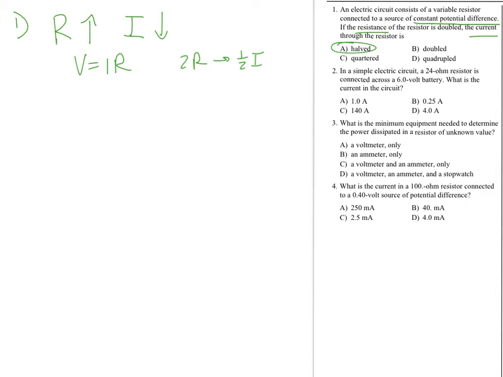Number 2, in a simple electric circuit, a 24 ohm resistor is connected across a 6-volt battery. What is the current in the circuit? 24 ohms is our R. We have a voltage of 6 volts. We're looking for I. Ohm's law is the equation we need.